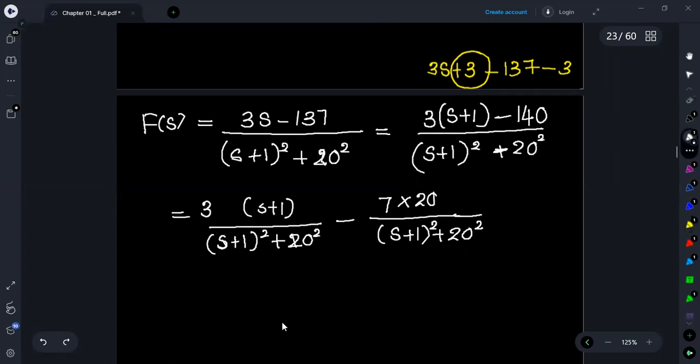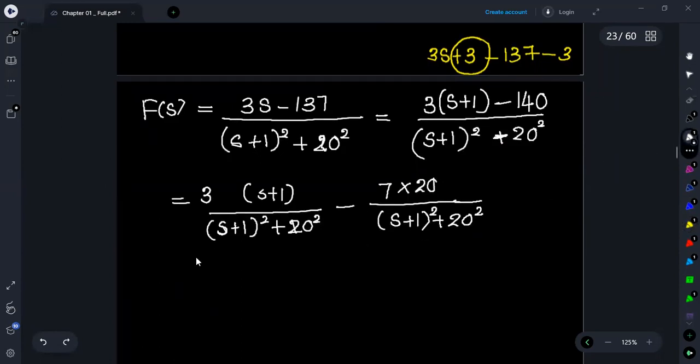So then we can obtain the inverse Laplace transform. Starting from this one, we can keep this 3 as it is. Let's consider the inverse Laplace transform of both sides.